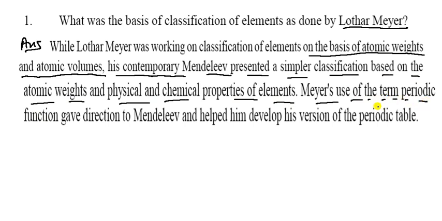Meyer used the term periodic function. The term periodic function, used by Lothar Meyer, gave a direction to Mendeleev and helped him to develop his version of the periodic table. So that is the basic of it.